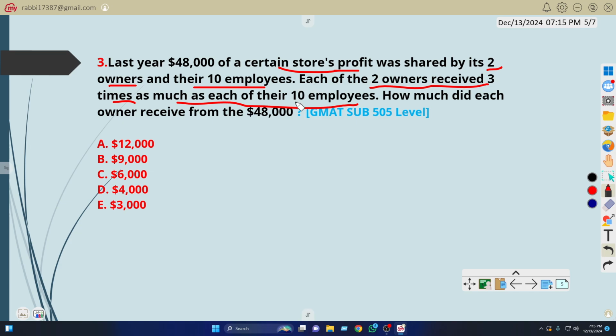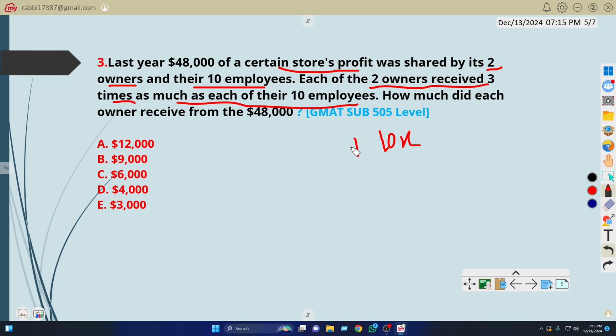অর্থাৎ 10 employees বা 10 জন এমপ্লয়ির মানে প্রতি একজন employee যতটুকু নেয় তার 3 গুণ করে নেয় বাকি 2 জন ওনার. It means if one employee takes x, there are 10 employees, so they take 10x.